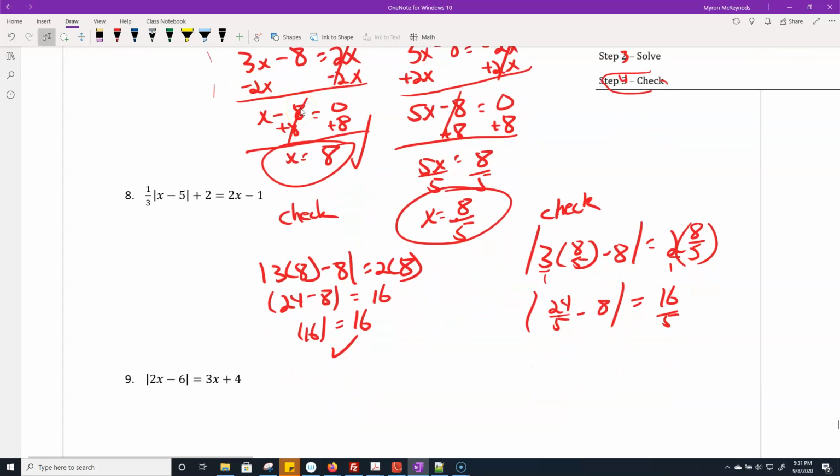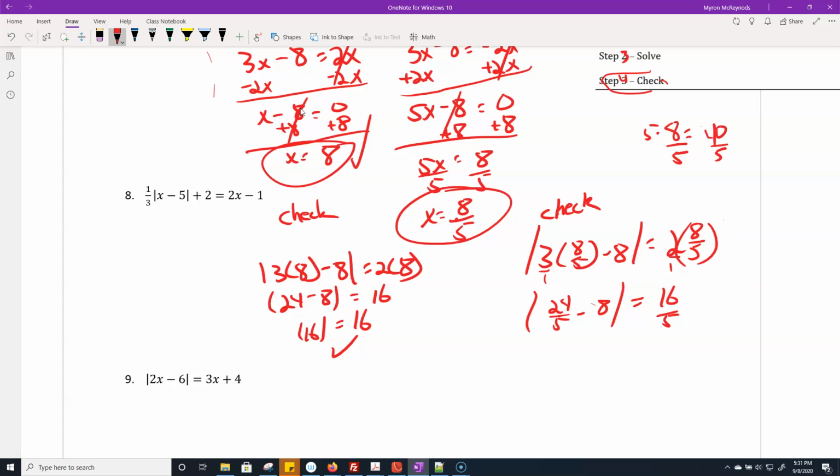So, in order to subtract this fraction from this whole number, I need to turn the whole number into a fraction with the same denominator of 5, right? So I got 8. And I want to put a 5 on the bottom, but to divide by 5, I need to multiply by 5 on top, and I get 40 over 5.